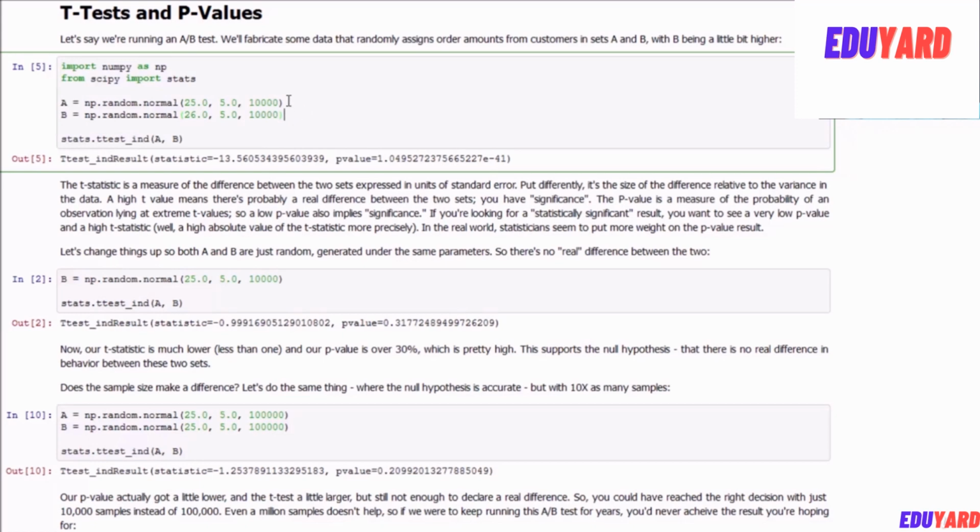In this example our treatment group is going to have randomly distributed purchase behavior where they spent on average $25 per transaction with a standard deviation of 5 and 10,000 samples. Whereas the way the website used to be had a mean of $26 per transaction with the same standard deviation and sample size.